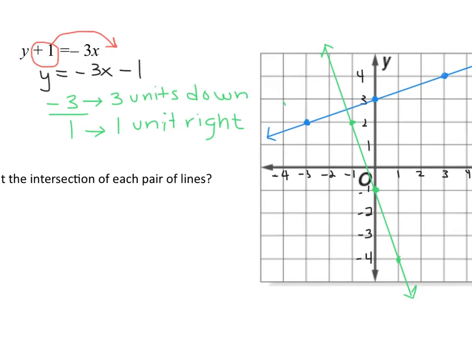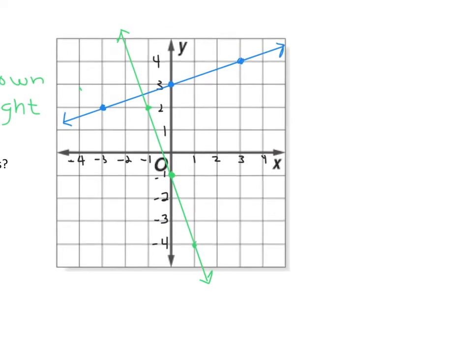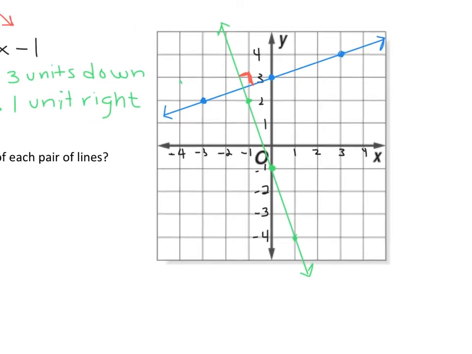So if I go back to my picture and take a closer look, there is something very specific about the way that these lines intersect. And it happens to involve the angle at which they intersect. These lines intersect at a 90-degree angle. So they form a right angle at their point of intersection.